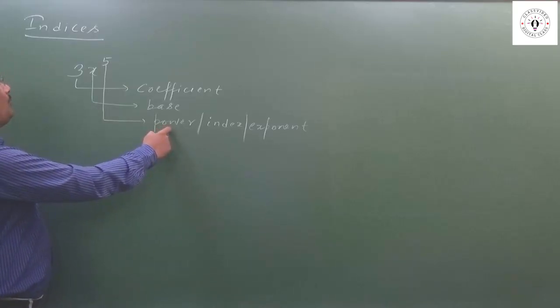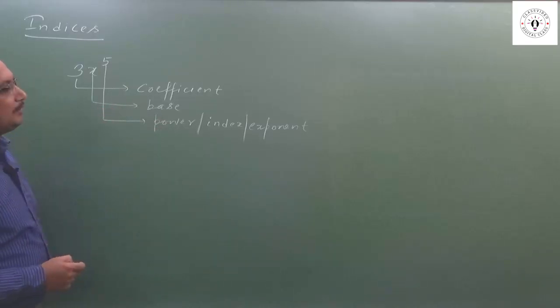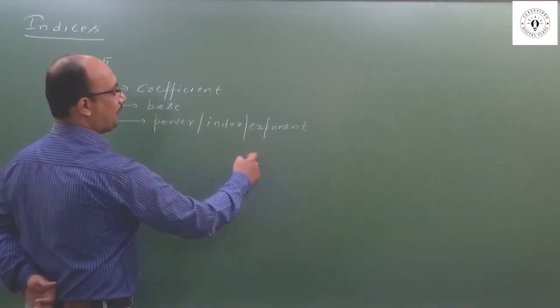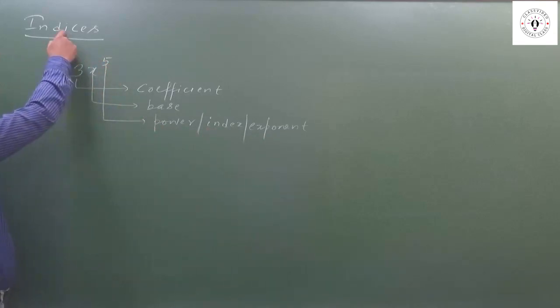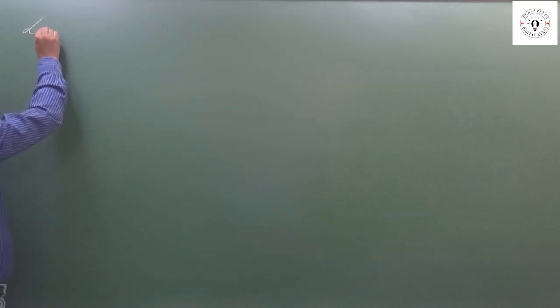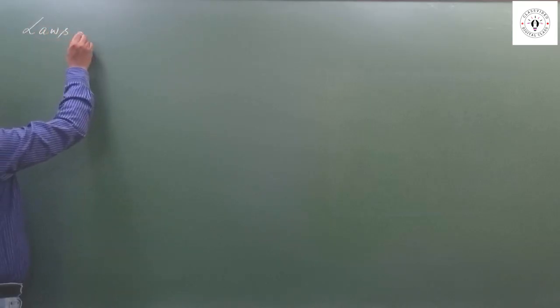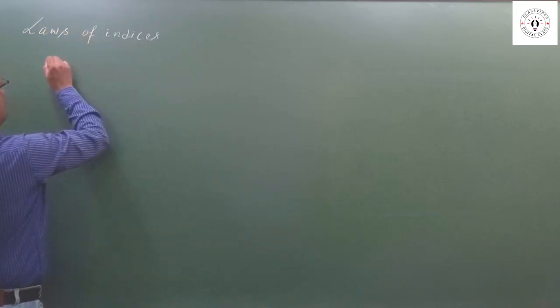The plural of power is powers. The plural of exponent is exponents, whereas the plural of index is indices. So indices means, my dear, powers. We are going to discuss the laws of indices.